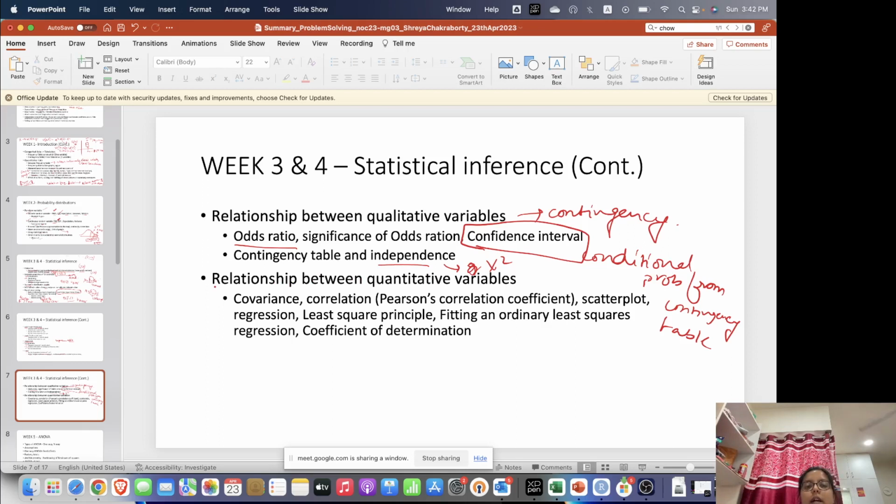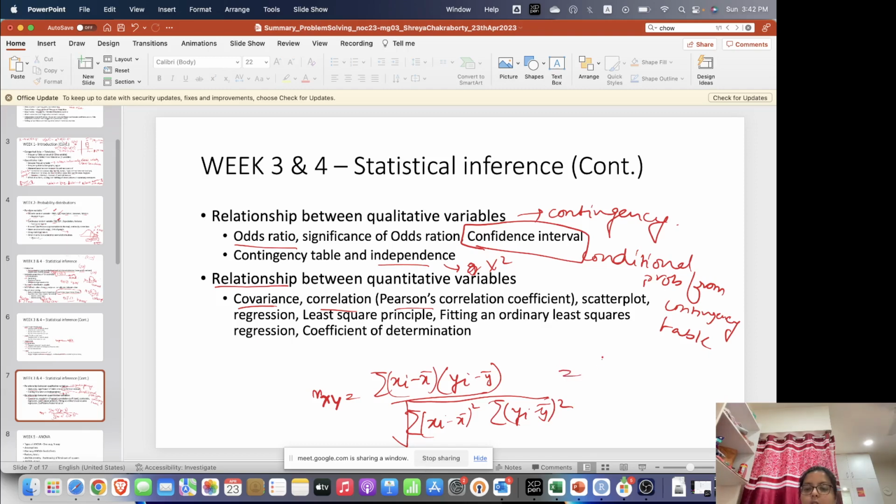And if we want to find out the relationship between quantitative variables, we would look at the covariances or the correlation. The most popular one is the Pearson's correlation coefficient, where Rxy is the summation, in a two variable setting, so it will always be two variables only, of xi minus x bar whole square, summation yi minus y bar whole square, this thing.